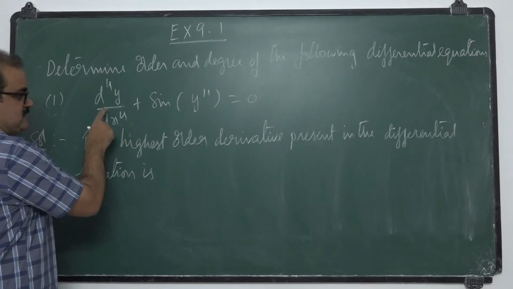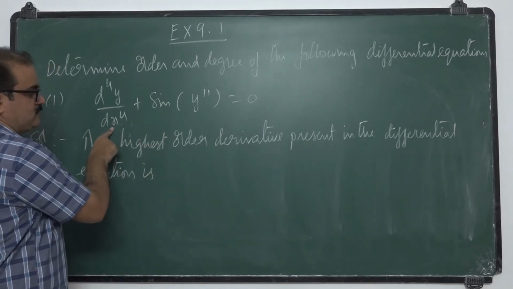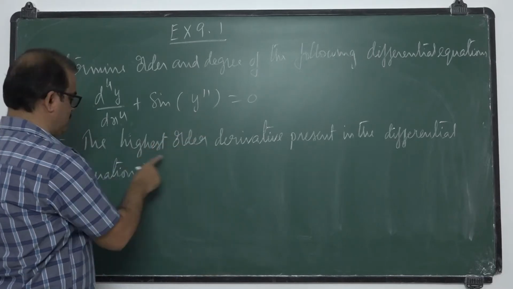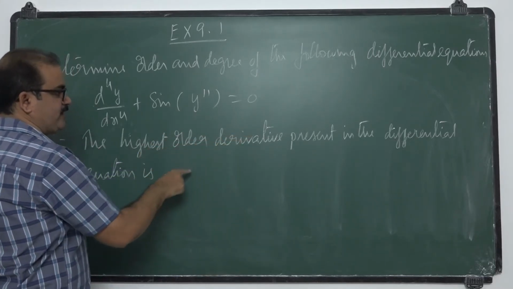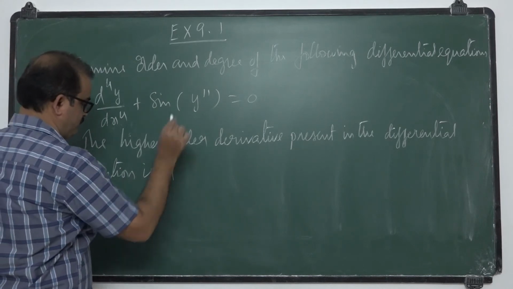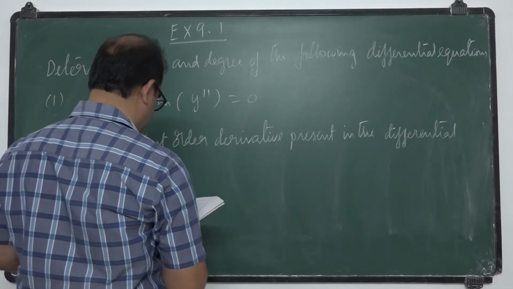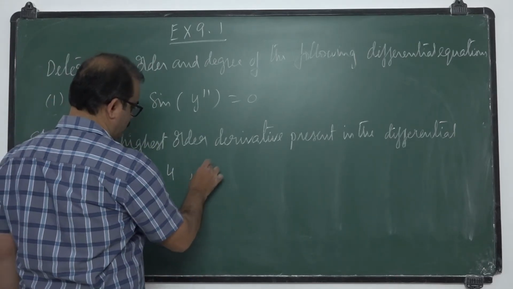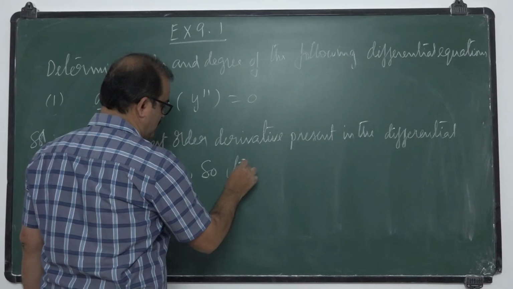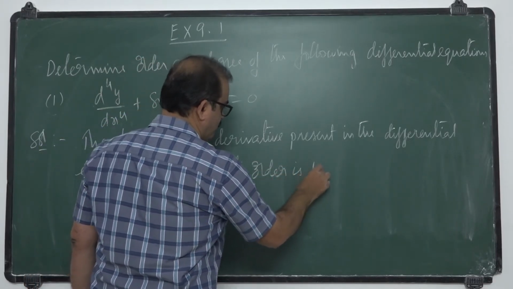This is the highest order derivative. It is the fourth order derivative. The other is the second order derivative. So the highest order derivative present in the given differential equation is 4. So its order is 4.